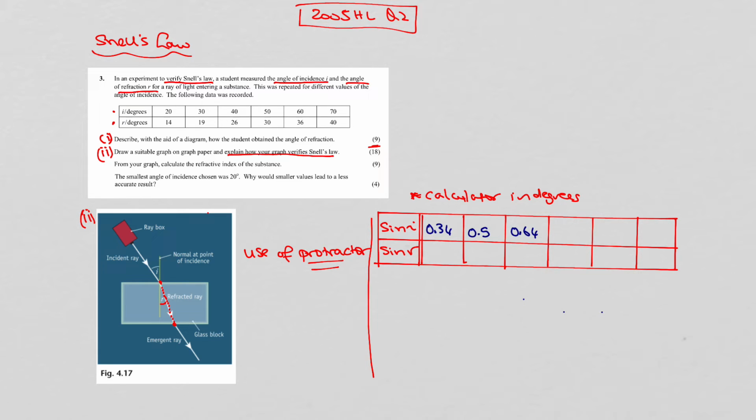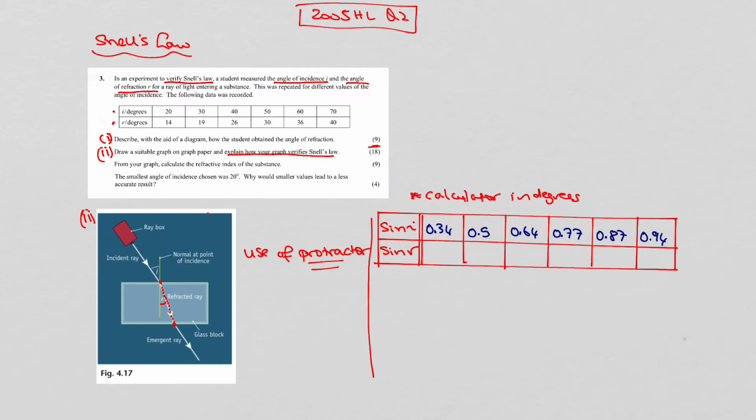Sin 50 is 0.766, so correct to 2 decimal places, 0.77. Sin 60 is root 3 over 2, so again correct to 2 decimal places is 0.866, so we have to round that to 0.87. And then sin 70 is 0.939, so I'm going to round that to 0.94.